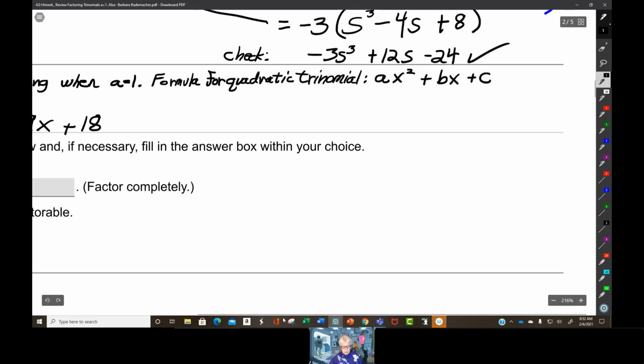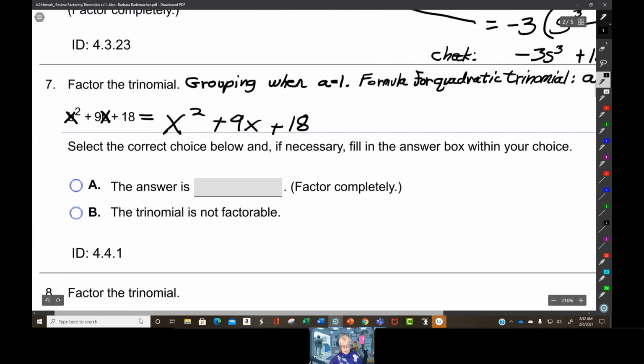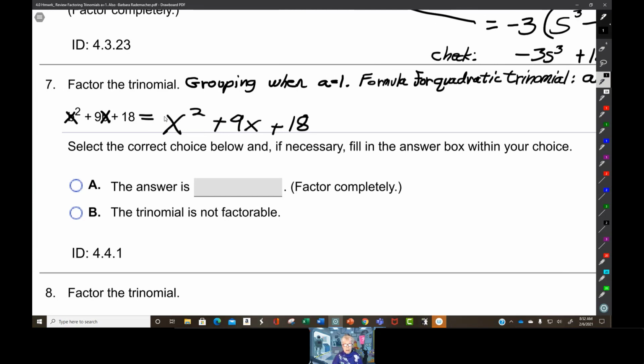So, what's the number in front of x squared? It's an invisible 1. In this quadratic trinomial, A is 1, B is 9, and C is 18.